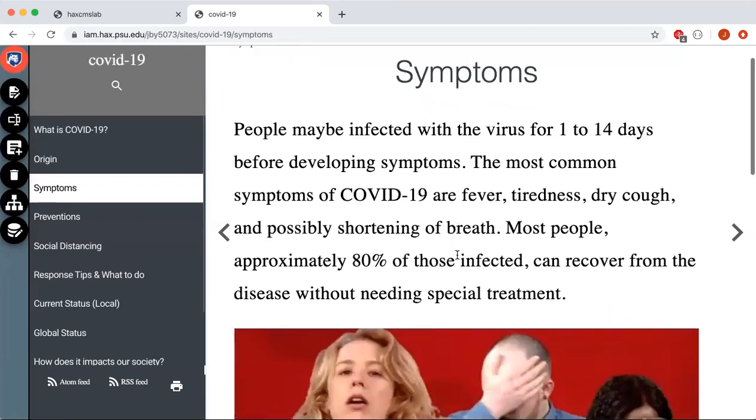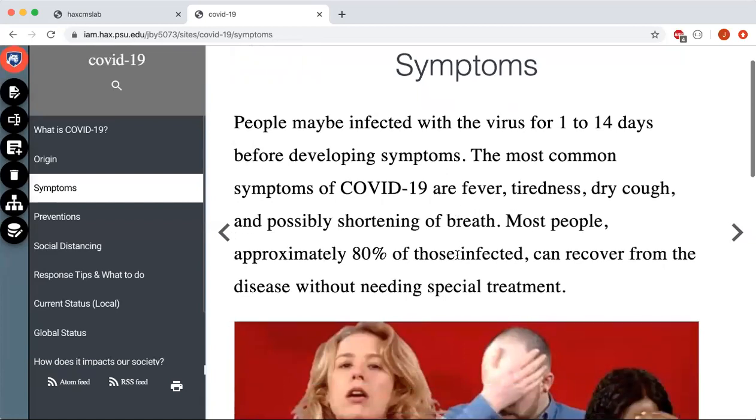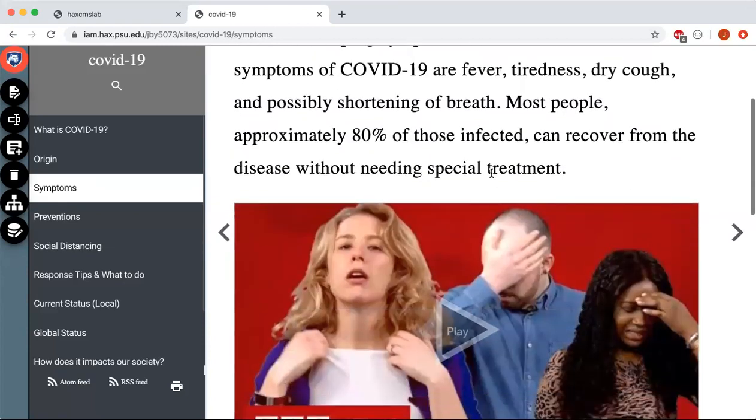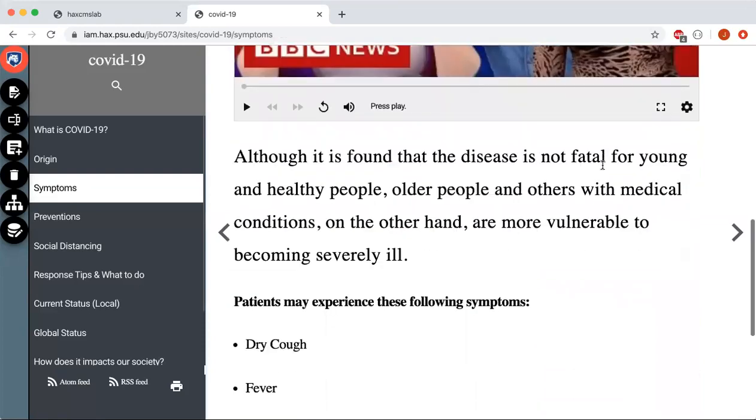The symptoms of coronavirus could take 1 to 14 days to develop. The most common symptoms of COVID-19 are fever, tiredness, dry cough, and possibly shortness of breath. Most people, approximately 80% of those infected, can recover from it without needing special treatment.